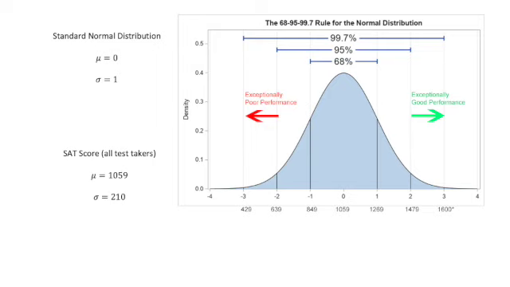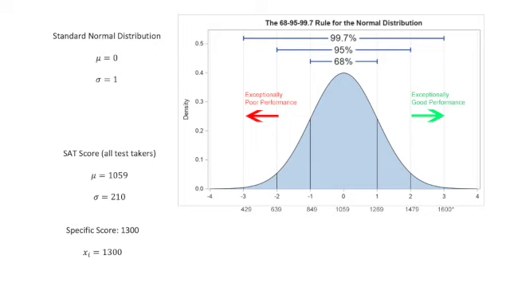But what if we had a specific value? Let's say we took the SATs and we got a score of 1300. We can look at the graph we created and say, well, we know 1300 is going to be between 1 and 2 standard deviations from the mean, but that's really all we could say by the way we've set it up now.